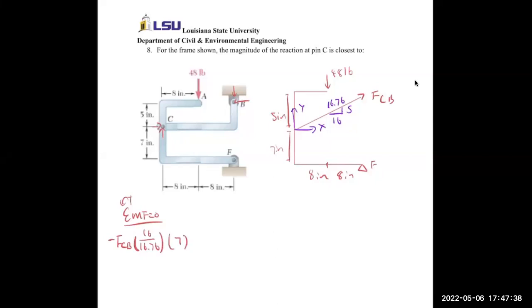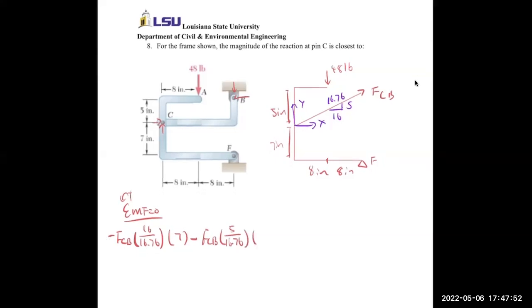Okay, and then FCBY is going like this to F. So minus FCB 5 over 16.76, and then multiplied by the perpendicular distance of right here to here, that's going to be 16 inch. Okay, and then we also have this 48-pound load, and it goes like this to F. So that's counterclockwise.